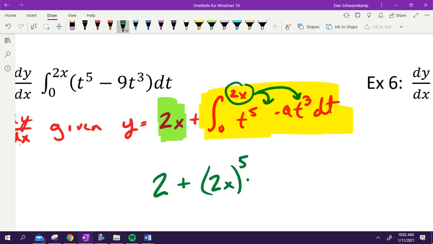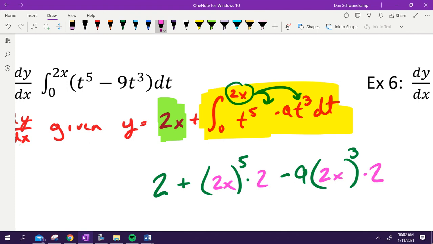What's the derivative of what I plugged in? 2 minus 9 times whatever I plugged in. So 2x cubed times the derivative of whatever I plugged in. What's the derivative of what I plugged in? 2. I have to do it twice because I plugged it in two separate parts. But that's my answer.